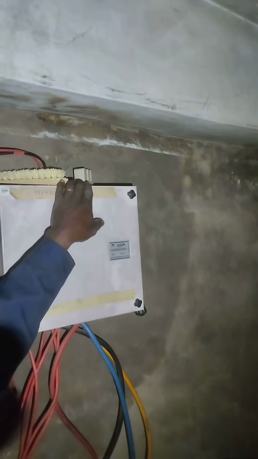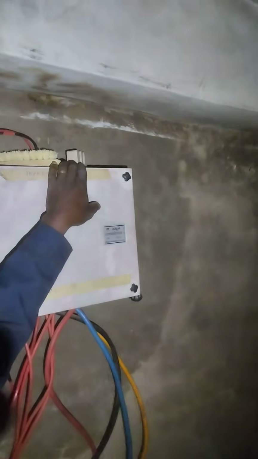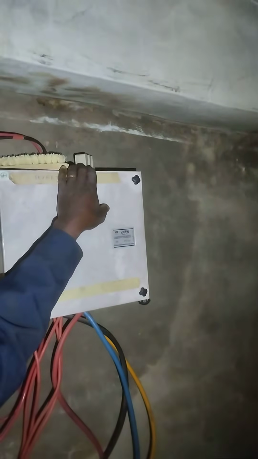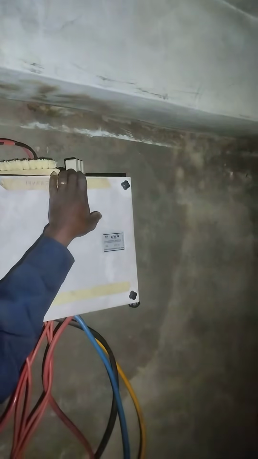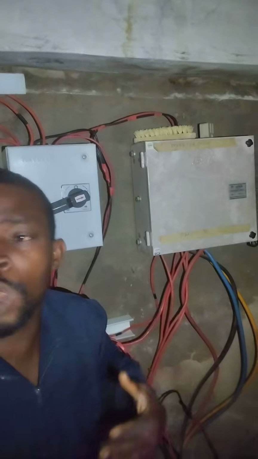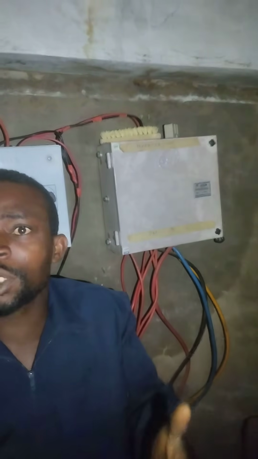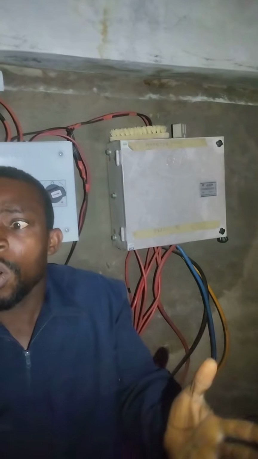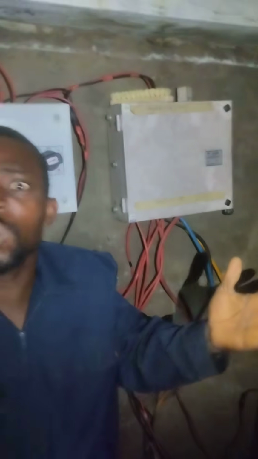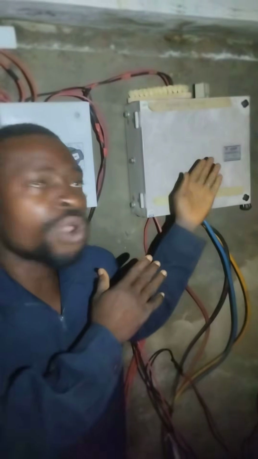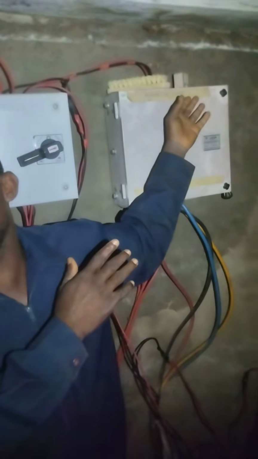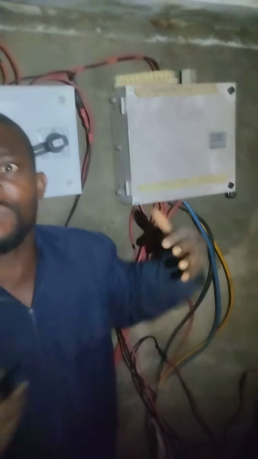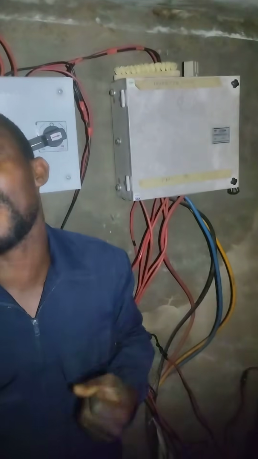When the customer is away from your apartment, maybe you have one or two flats and you don't want to run your generator or waste money on diesel, then you go for your inverter. You take it down, so this inverter can carry that apartment.